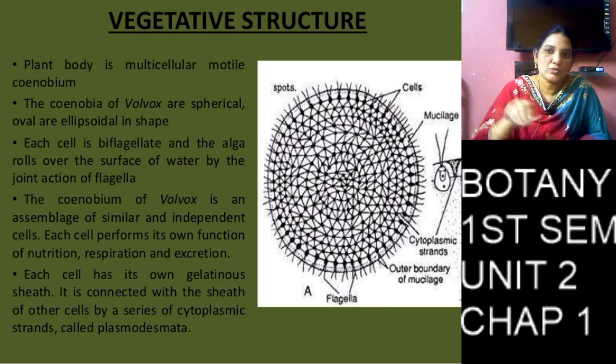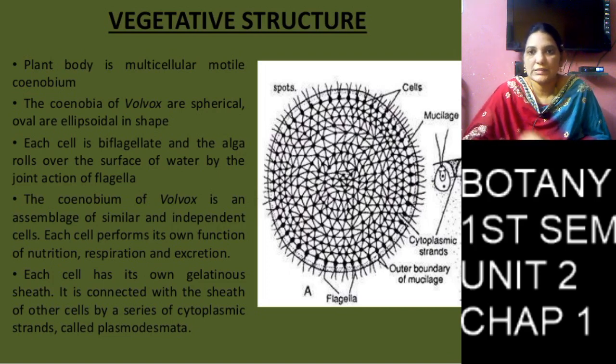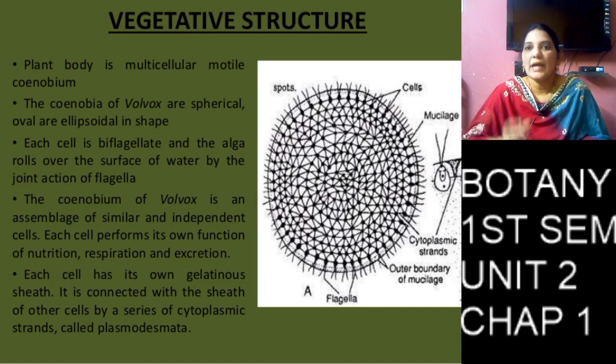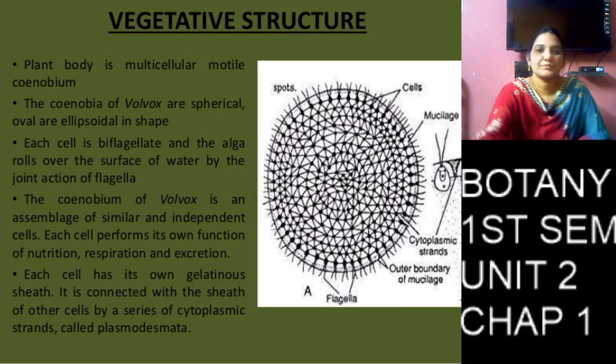So many cells are attached with each other with the help of plasmodesmata, and the middle place is filled with water or mucilage.